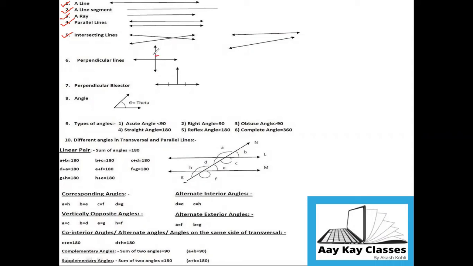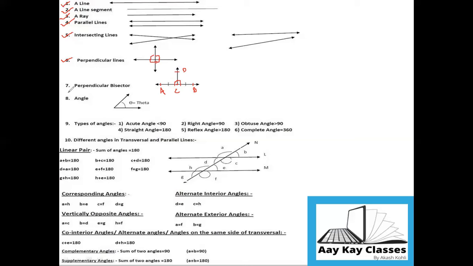The lines which are making 90 degrees with each other are perpendicular lines. Perpendicular bisector is what? When at one point the distance is equal. For example, this is A, this is B, and this is C, then AC equal to CB, so this is a bisector, and perpendicular means 90 degrees. So this is a perpendicular bisector. Take it as DC is the perpendicular bisector of AB.